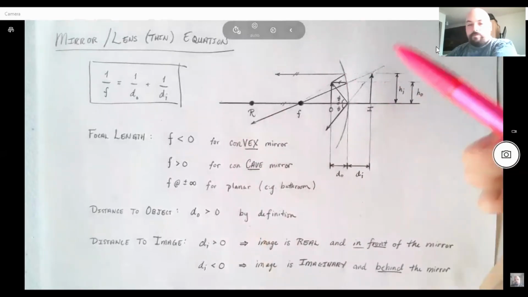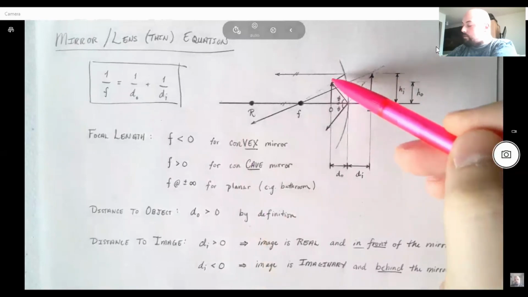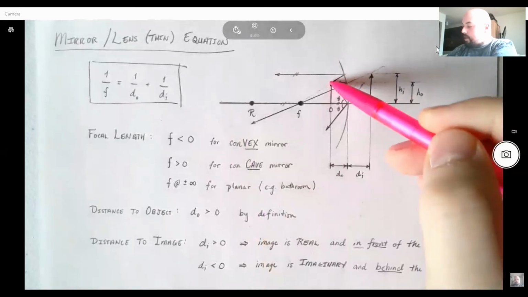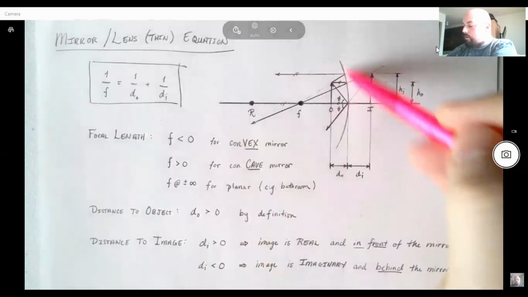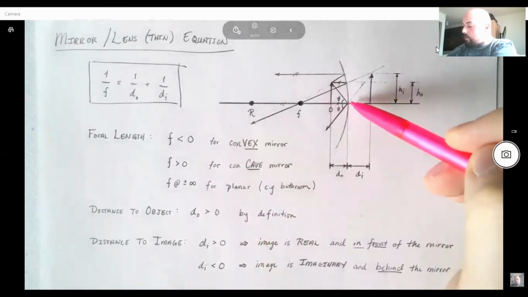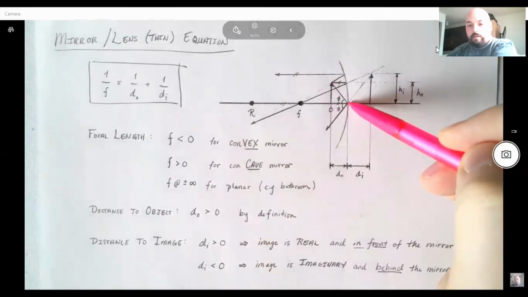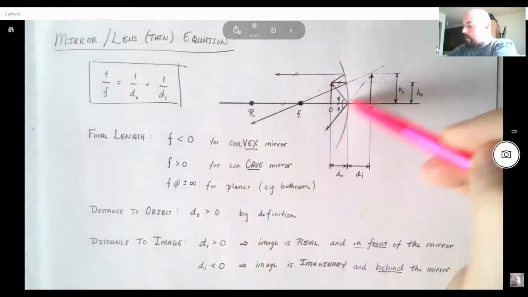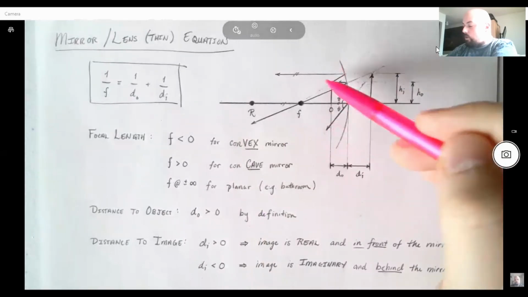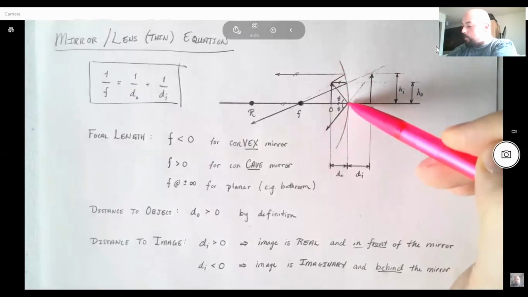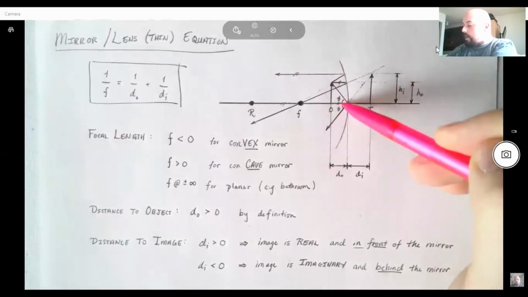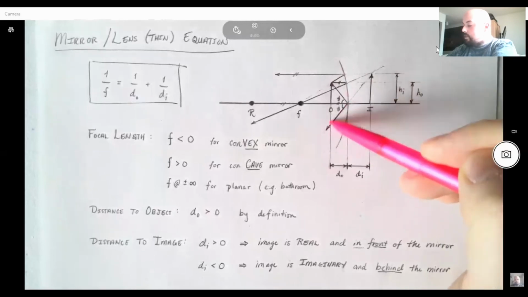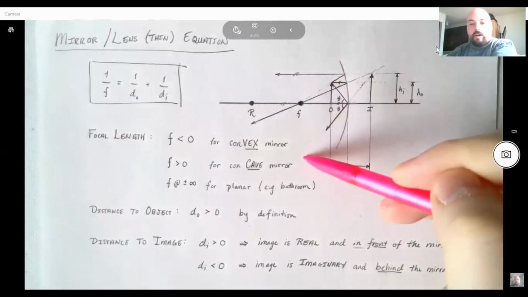The second ray, generally treated as one of the easiest rays to remember, starts at the object. It then goes towards the mirror, towards the center, where the optic axis meets the mirror itself, and then reflects again at the same angle as all these rays will do, and we'll talk about that in a moment. It will reflect at the same angle off that optic axis and will proceed in this direction here.